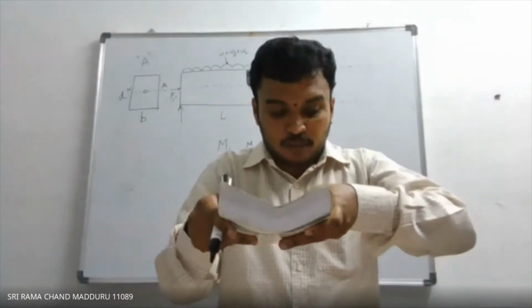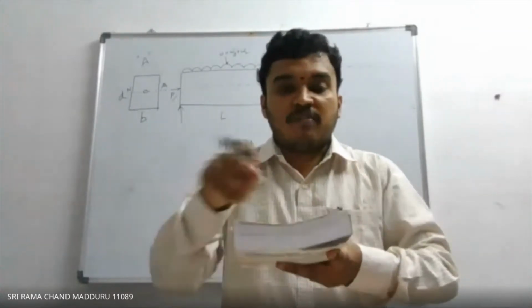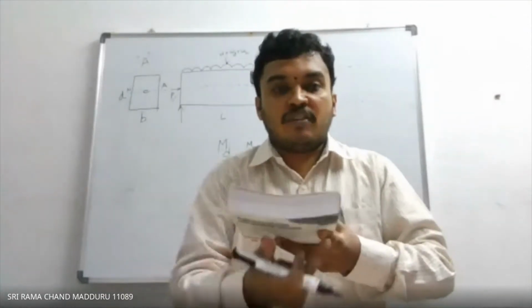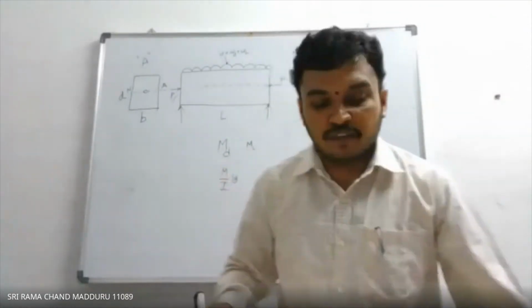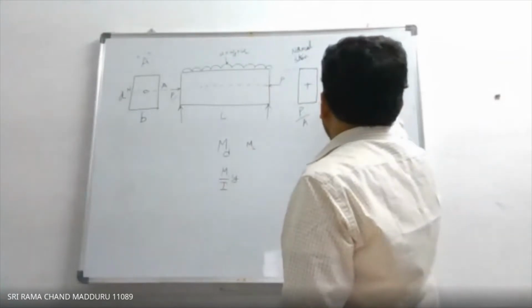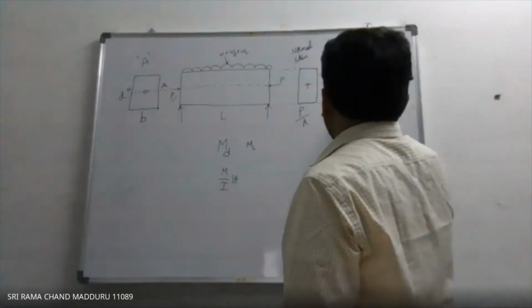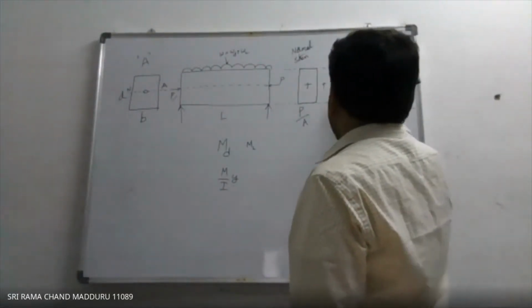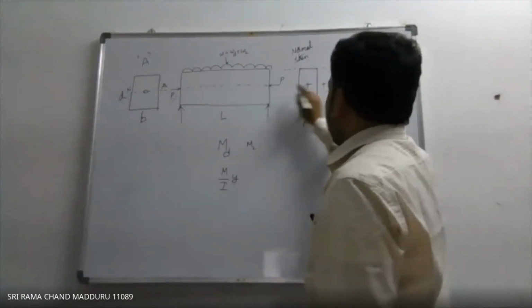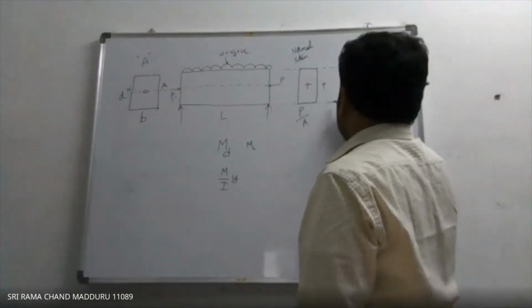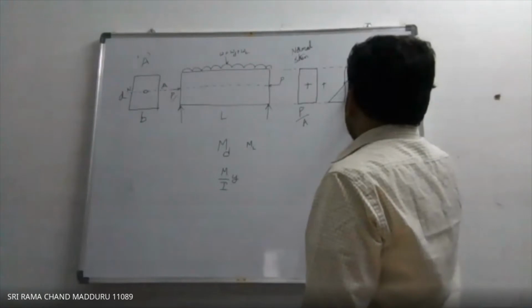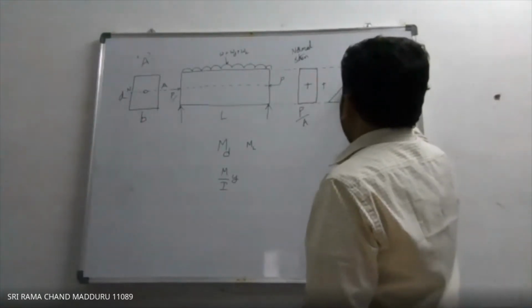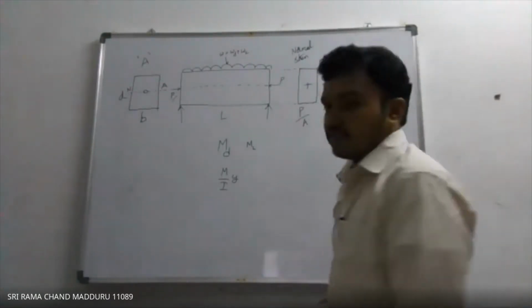When it is trying to bend like this, the top fiber will be under compression, the bottom fiber will be under tension. So the compressive stress distribution will be like this, and here at the neutral axis, the stresses are zero, strains are zero. So this is our distribution diagram, and this is positive, this is negative.